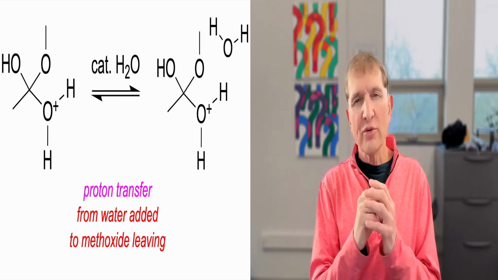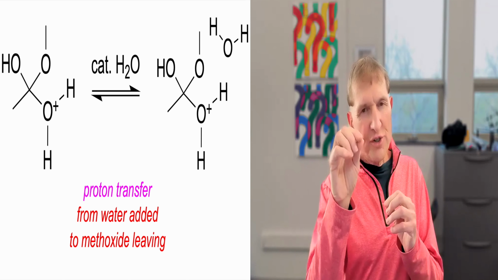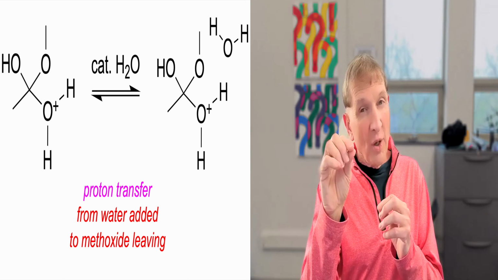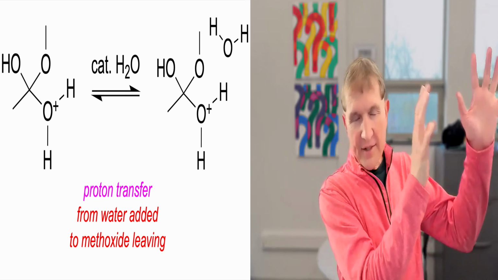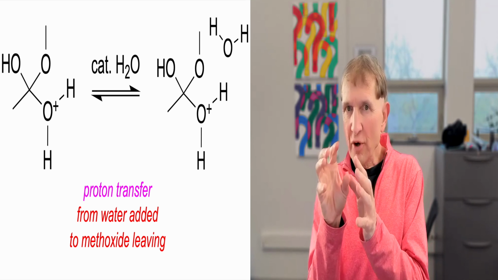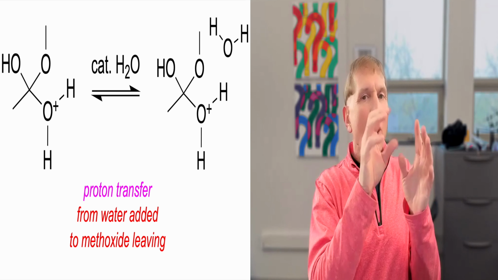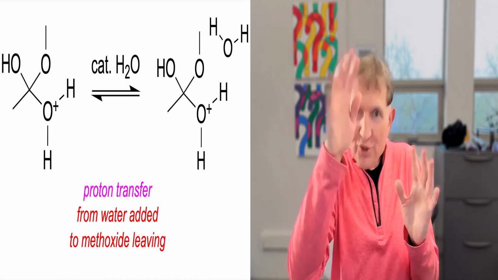Well, the tetrahedral intermediate is protonated on the oxygen that used to be the water. We don't want to make that one leave, because that just takes us back to the starting material. What we'd like to do is transfer a proton from that to the OR group, make that positive, and then we can push that out.